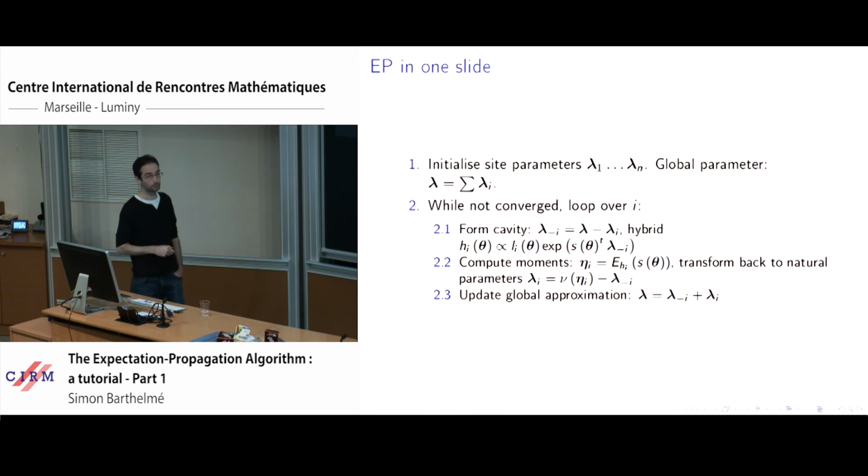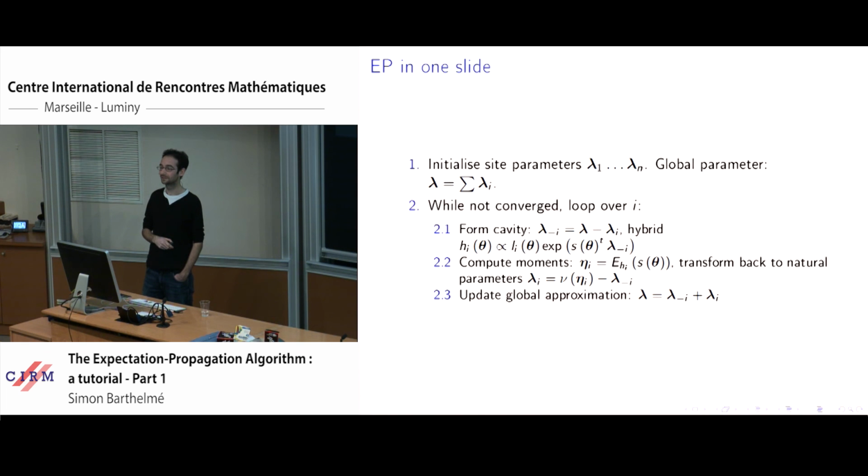And this gives me my new approximation. So this somewhat complicated idea of finding the Gaussian that's going to give you the right mean and covariance becomes very simple in natural parameters. You take the new precision and shift you have for the hybrid, and you subtract what you had from the cavity, and this is your new contribution of the site.